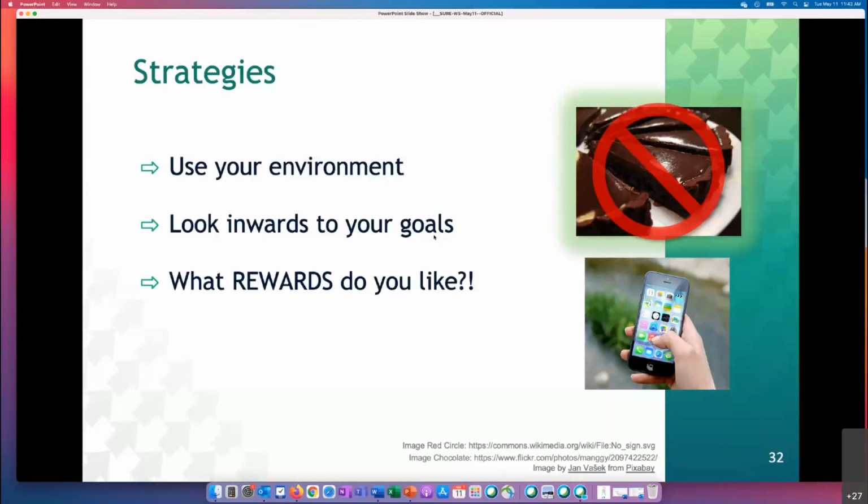You could have a to-do list. You could have a goal app that helps you see your goals, which leads to looking at your goals for motivation again. Hopefully, if you're challenged, just keep those goals in mind. Maybe they're posted on the wall, which would help. And then rewards. What is it that you like to have as your reward?